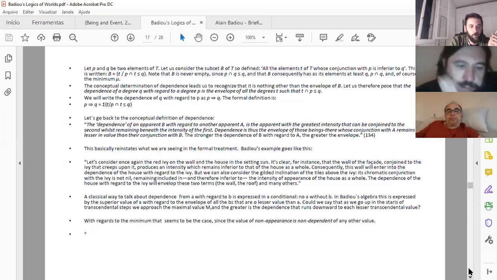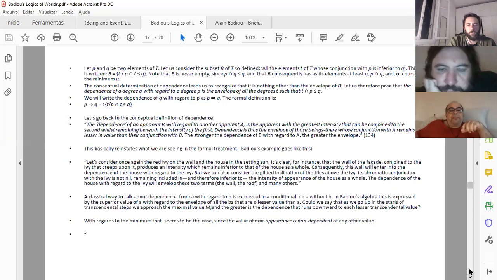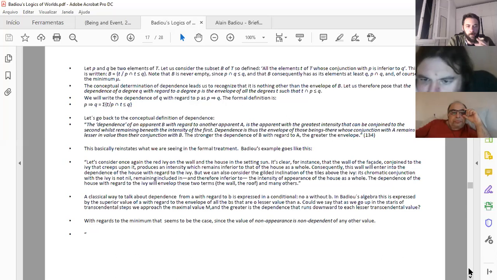A classical way to talk about dependence of A with regard to B is expressed in a conditional, no A without B. In Badiou's algebra, this is expressed by the superior value of A with regard to the envelope of all the B's that are of lesser value than A. Could we say that as we go up the stairs of transcendental steps, we approach the maximal value M, and the greater is the dependence that runs downward to each lesser transcendental value with regard to the minimum?